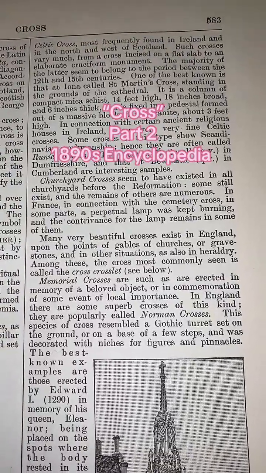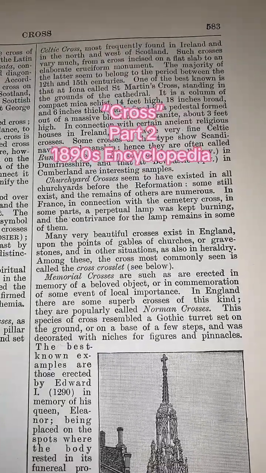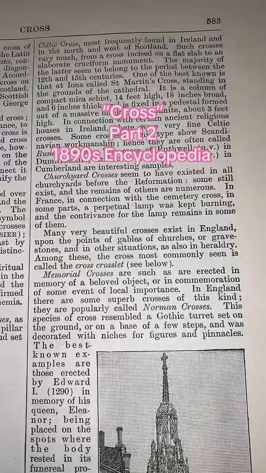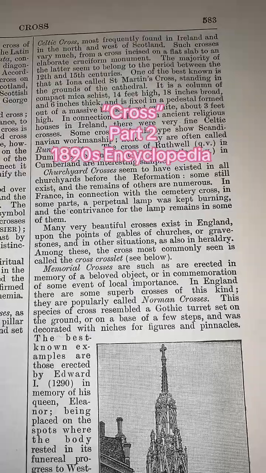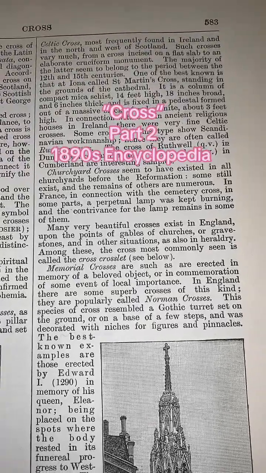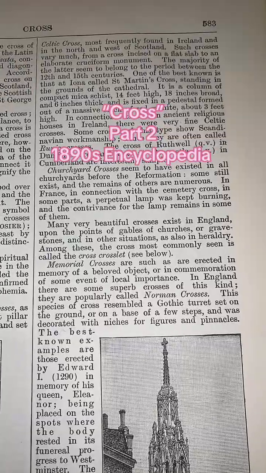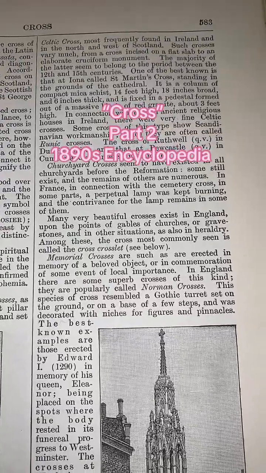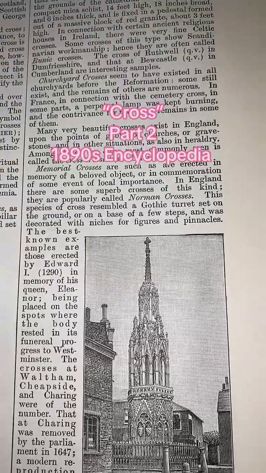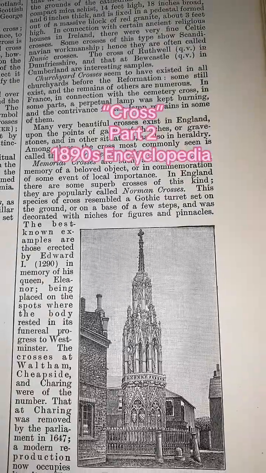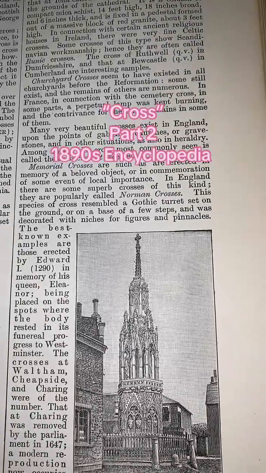Many very beautiful crosses exist in England, upon the points of gables of churches or gravestones, and in other situations, as also in heraldry. Among these, the cross most commonly seen is called the cross crosslet. See below.